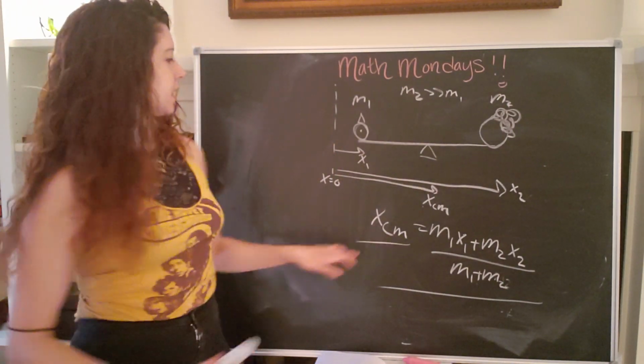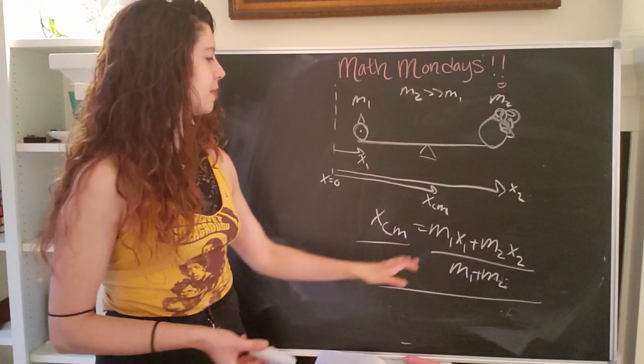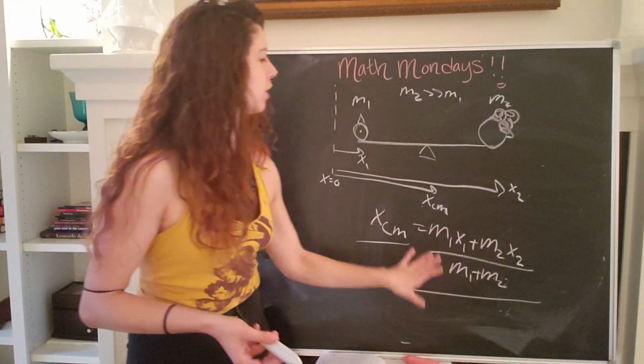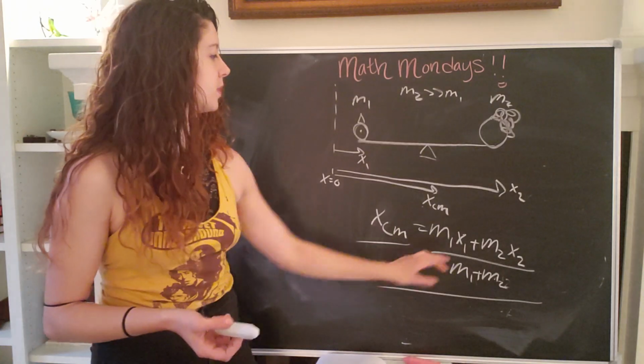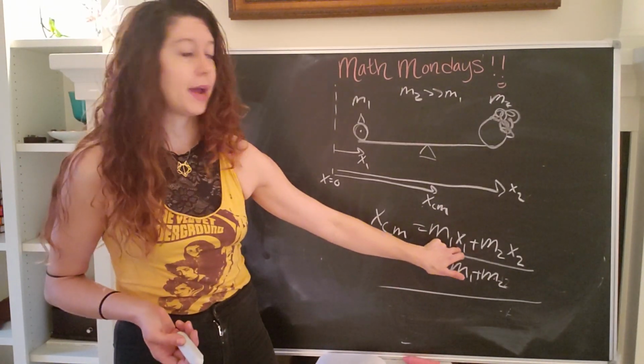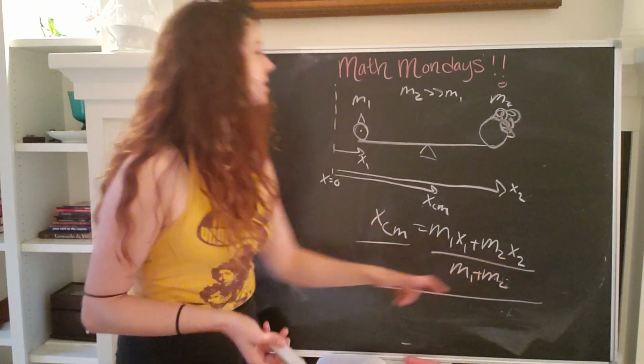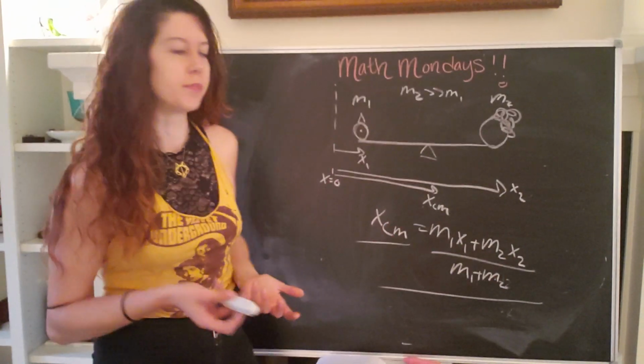We are finding the location of the center of mass, but to do that, we have to find the weighted average of the masses of our system, and that is dependent on the masses of the two objects, as well as the distance that they are from our origin.